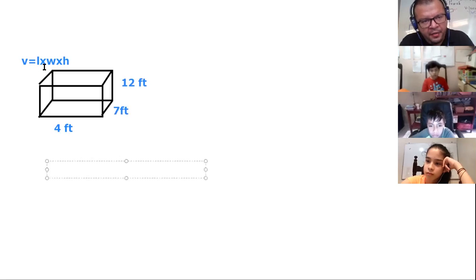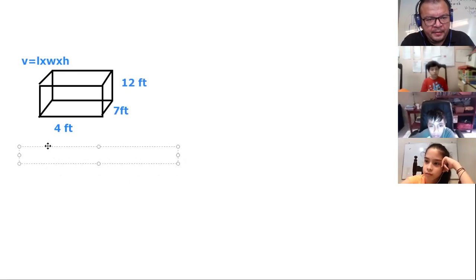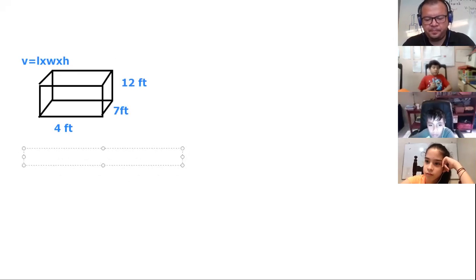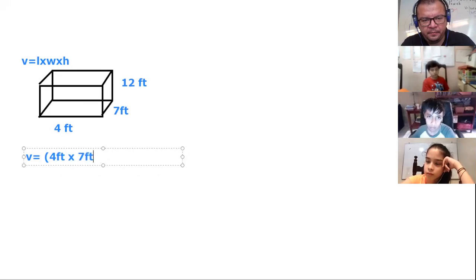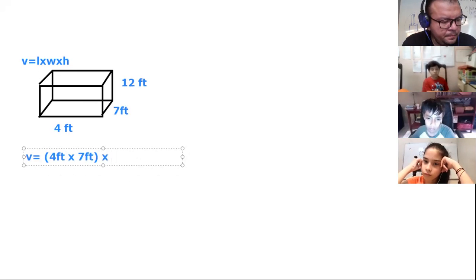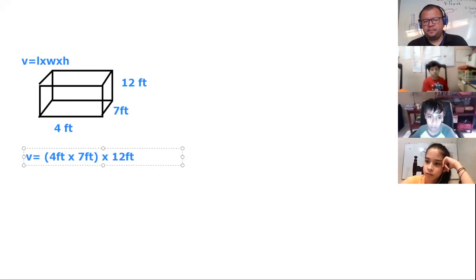It's equal to length times width times height. So I just have to change the values. So I have open parenthesis 4 feet times 7 feet, close parenthesis, times 12 feet, right?